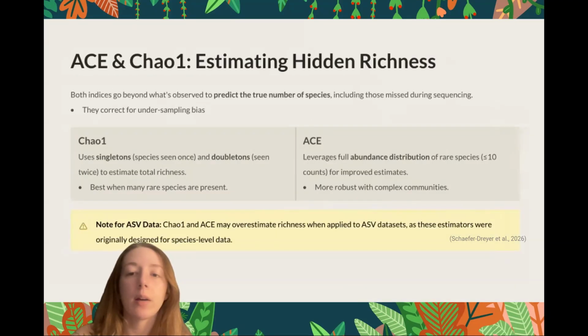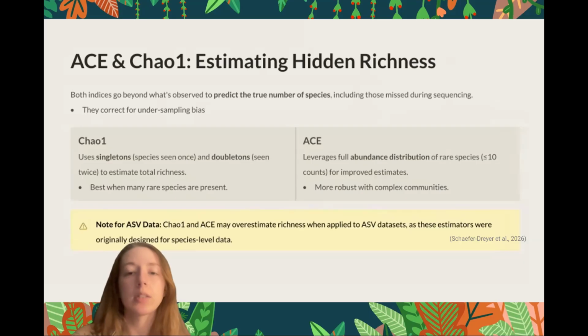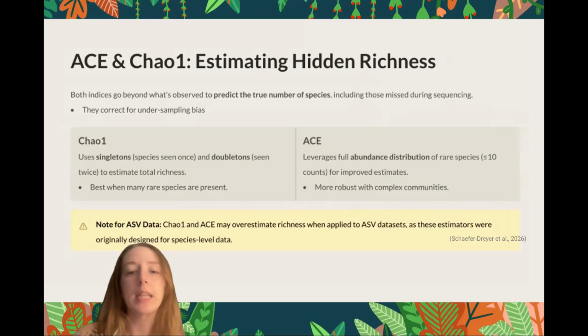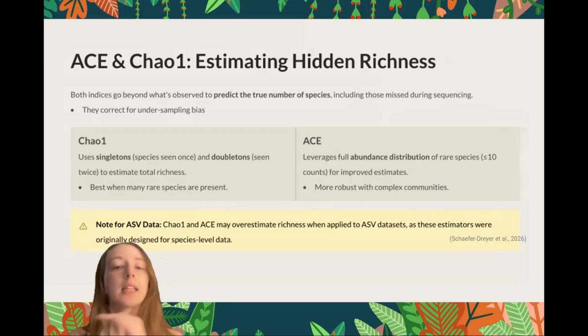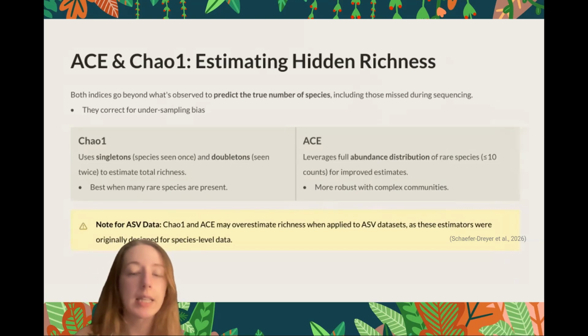The ACE and Chao indices also attempt to estimate an unseen richness. And so Chao1 uses singletons that are species that appear just one time or doubletons that appear twice. And so the correction term is then able to increase the estimated richness accordingly. The ACE then expands on this approach by modeling the abundance distribution of rare taxa that have less than 10 counts.